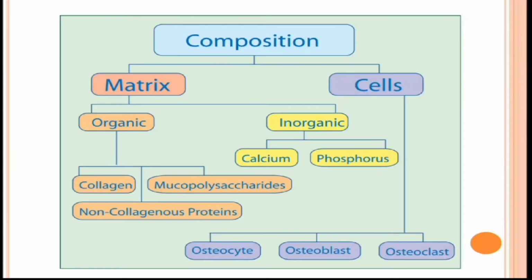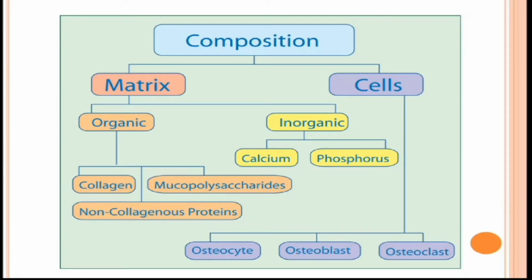So basically the bone is made up of two types of compositions. The one are the cells, the other is the matrix, the base or the gel-like structure of the bone. If we talk about the cells, there are three types of cells, namely osteocytes, osteoblasts, and osteoclasts. And in the matrix, again, there are two components, two categories.